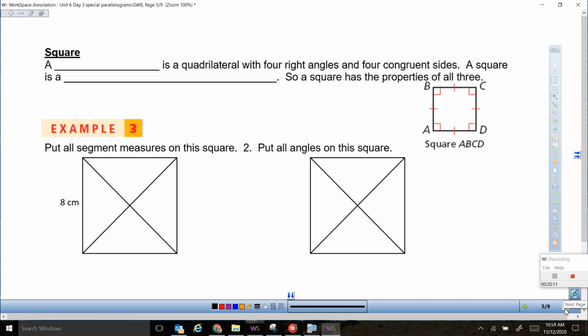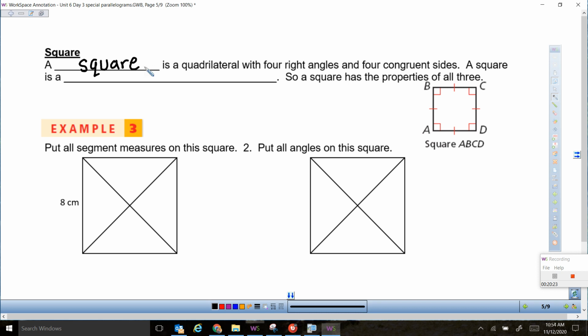Okay, and the last one for today is a square. So the first one is square. So a square has 4 right angles and 4 congruent sides. So if it has 4 right angles, that means it's a rectangle.